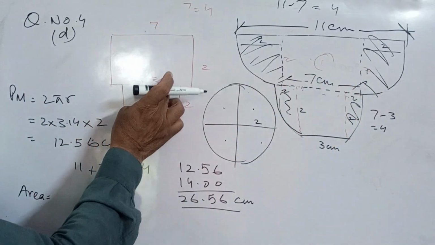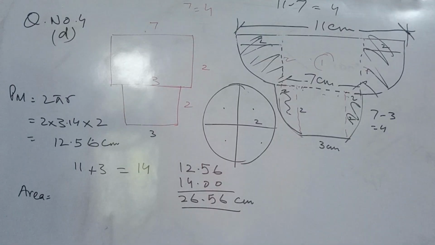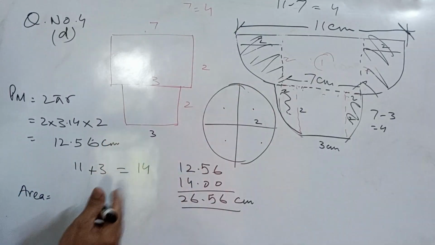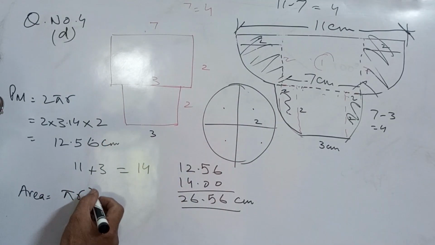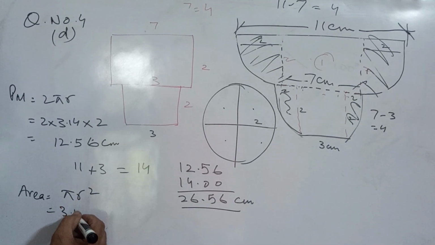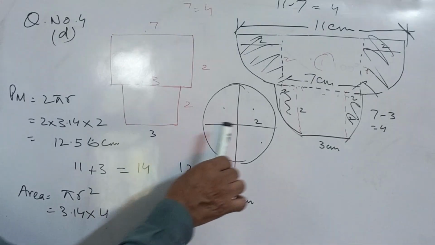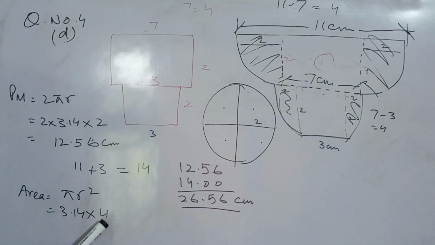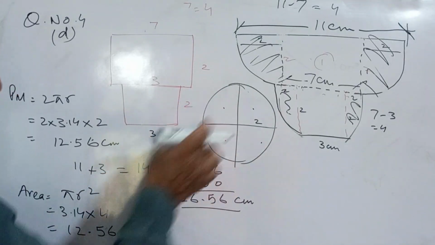It is 7, this is 3, this is 2. Now the area of one complete circle is pi r squared. Pi r squared means 3.14 multiplied by 4, because the radius 2 squared is 4. Again 12.56 will come, in centimeter square, the area of the circle only.